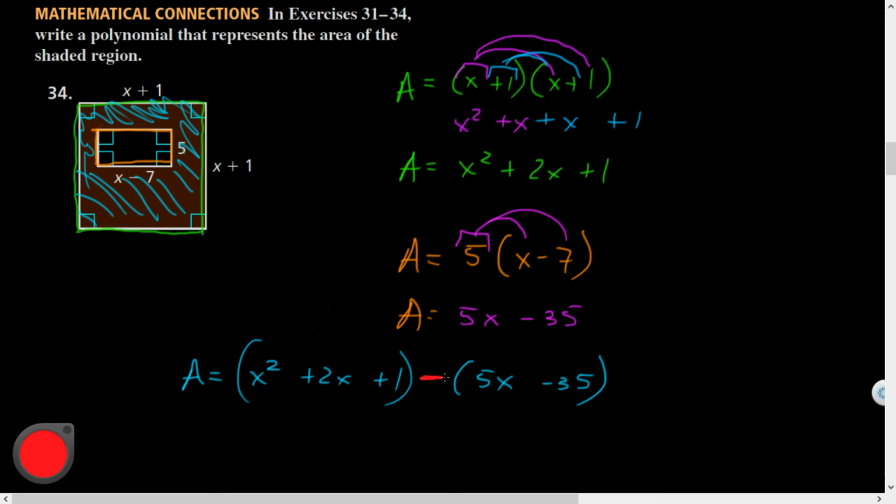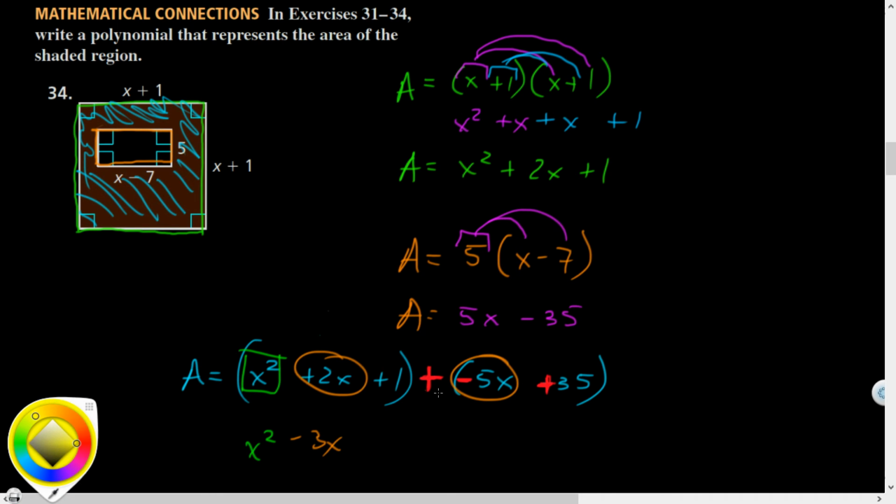And let's see, subtraction I can change to addition as long as I opposite the signs of each term on the inside. So this 5x is now a negative 5x, and this negative 35 will now be a plus 35. So let's combine. x squared has no like terms. 2x can combine with a negative 5x, so that's negative 3x.